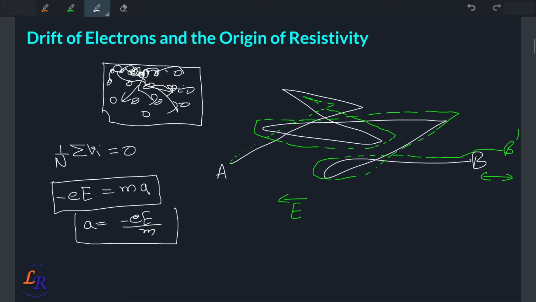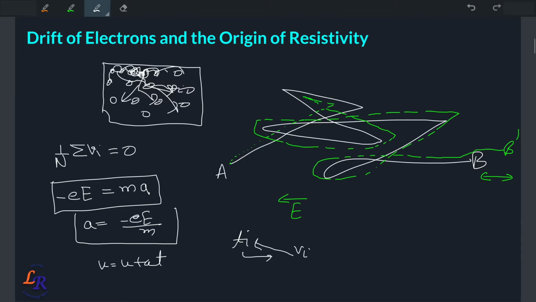Now let's consider a time ti. Let's say at a given time there is just a collision, and after that ti time has passed. If the velocity just after the collision was vi for a given electron, then to calculate the velocity after time ti, you can utilize Newton's law, v is equal to u plus at, right?